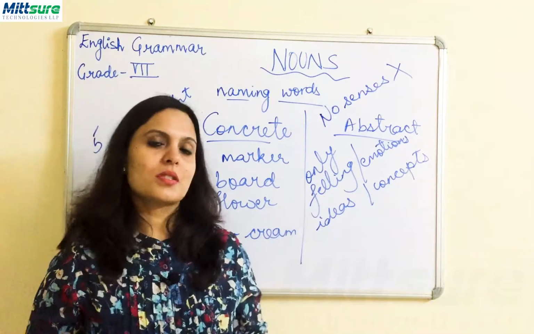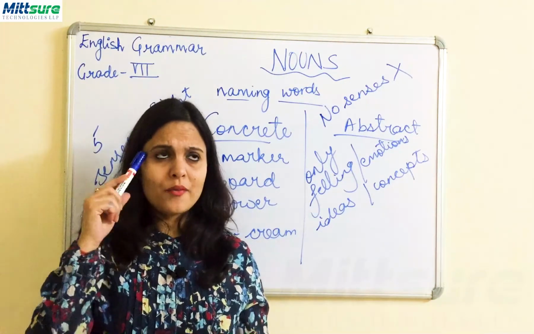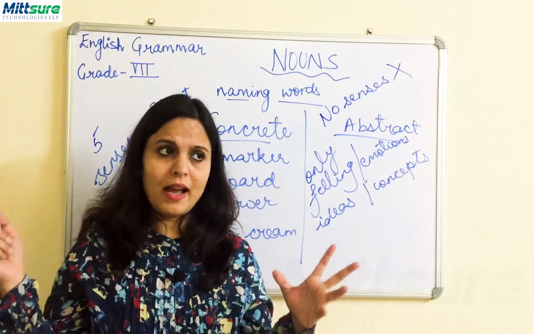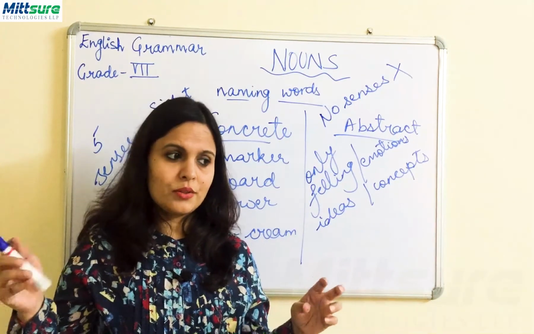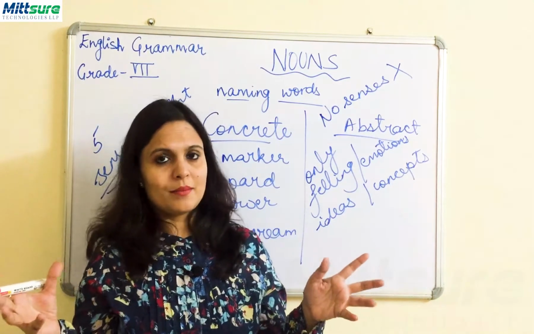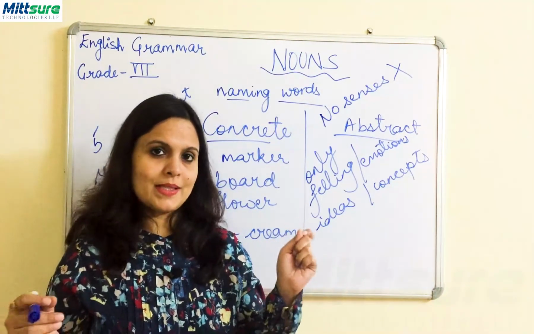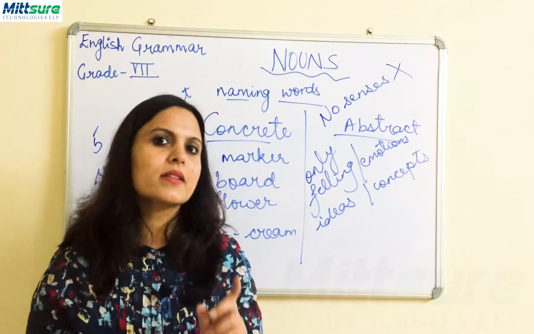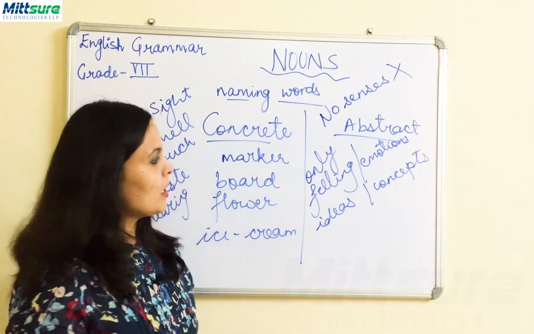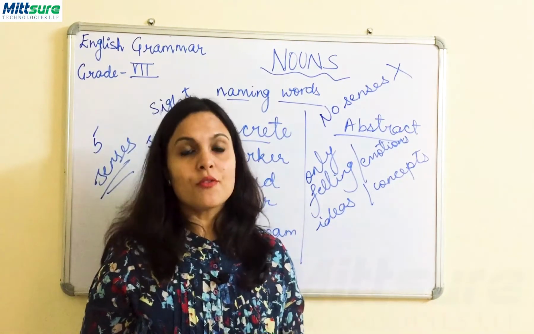Feelings and emotions. Ideas, when you actually think of an idea, right? So the idea of creating some invention, right? So invention is again an abstract noun because it is an idea. The concept of government.